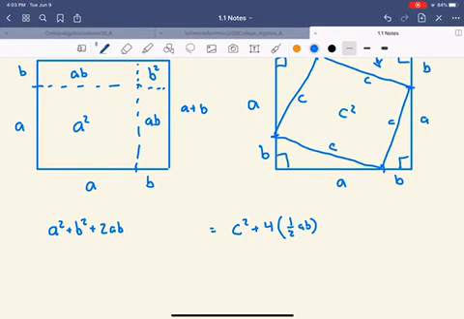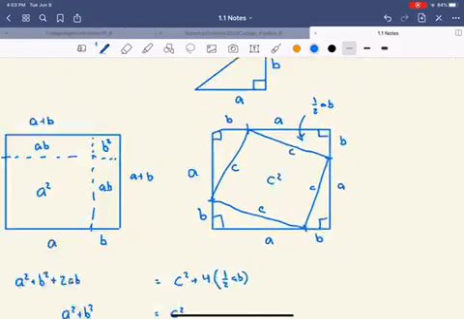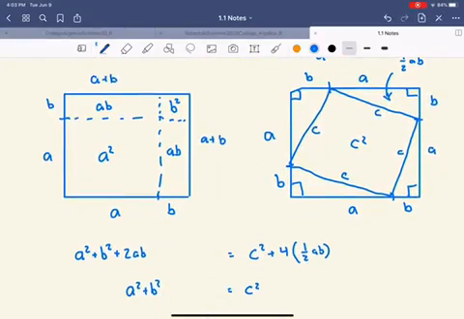Well, these cancel. So we get a squared plus b squared equals c squared. Okay, so that's not really super necessary for you guys to know how to do, but it's just kind of fun.